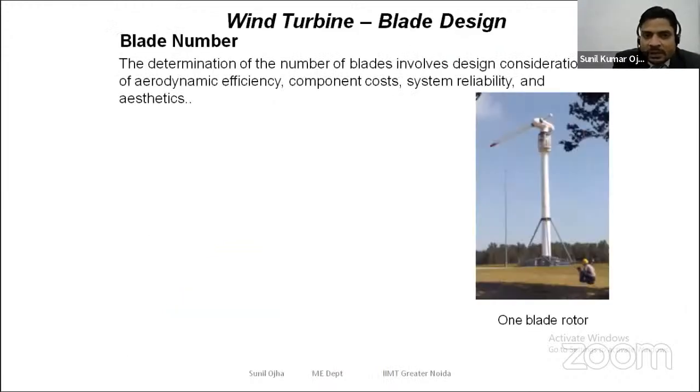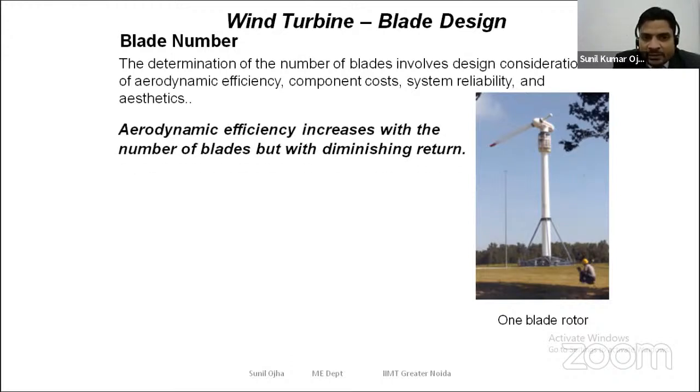Next is how many blades we have to put in horizontal axis wind turbines, whether it should be one blade, two blade, three blade, or a multi-blade system, four blade, and so on. Determination of the number of blades involves design consideration, aerodynamic efficiency, component cost, system reliability, and aesthetics.